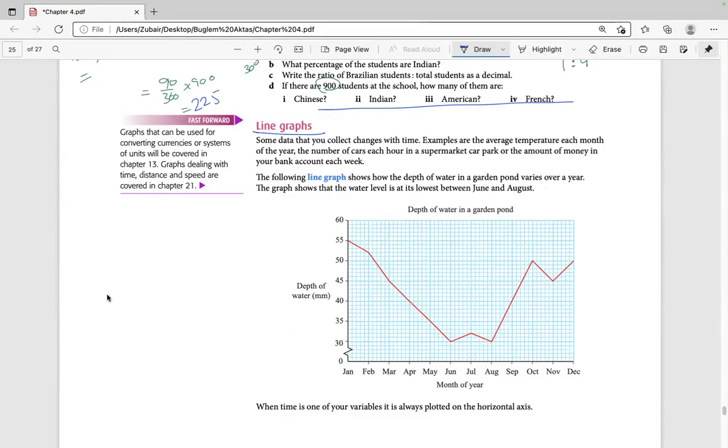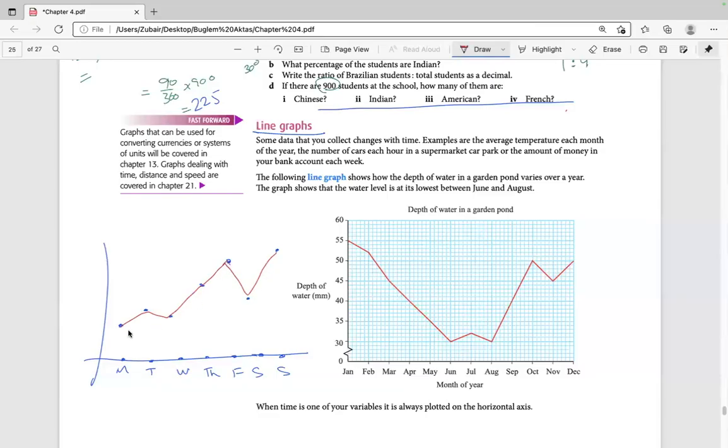For example, if I write Monday, Tuesday, Wednesday, Thursday, Friday, Saturday, and Sunday, and say that we are recording the temperature for 7 different days, and we see that the temperature was 20, then 25, then 22, then 35, then 39, then it came back to 20, and again back up, and so on. So this is what we get, and we can tell the fluctuations.